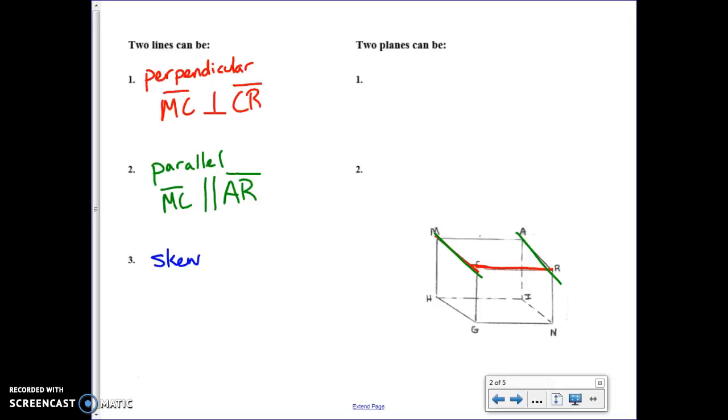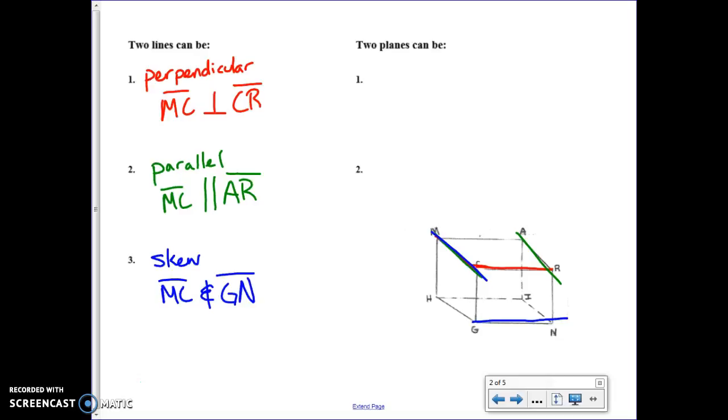So again, if we look at MC as one of our segments, then you look at like GN. Those are in different planes, but they're never going to meet. Picture your box, that's the top left-hand side, and then the bottom front. Those two lines will never intersect. They're not in the same planes. They're considered skew.